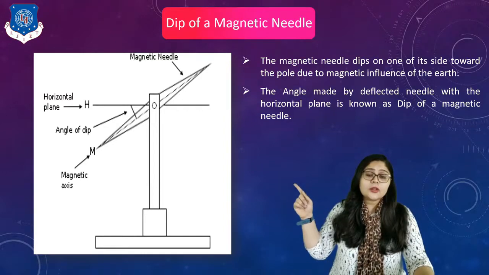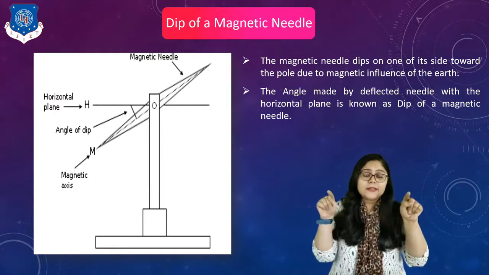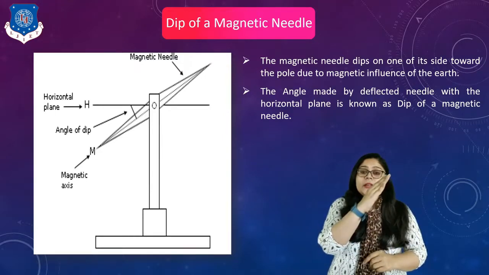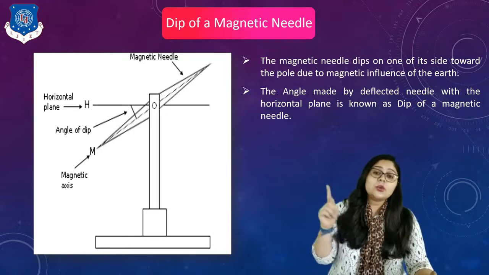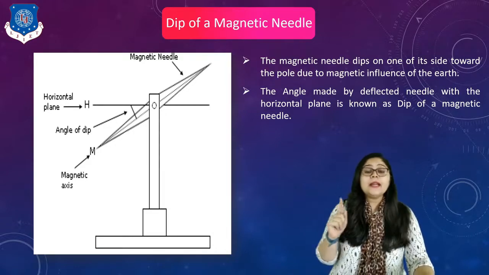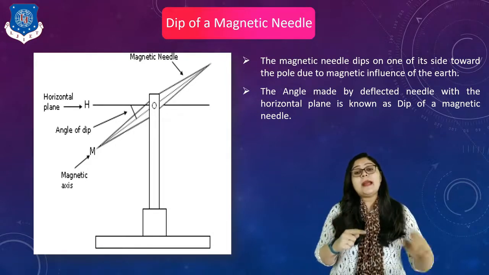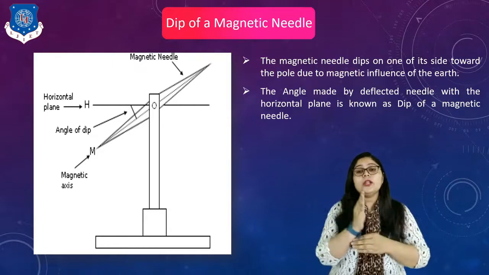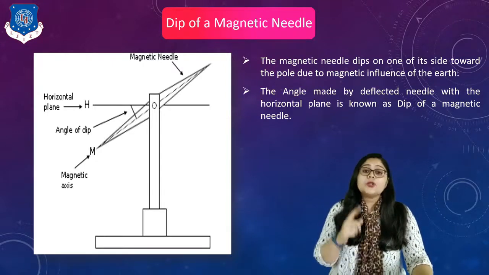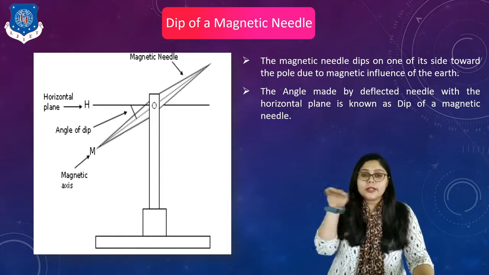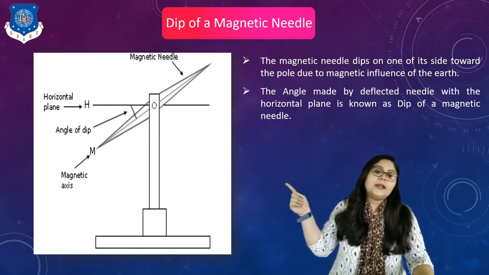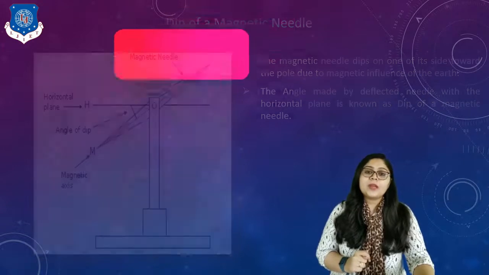It means here on screen, you can see a horizontal plane is there and my magnetic needle is making an angle with this horizontal plane. That angle is known as the angle of dip, and it is only possible when my magnetic needle is attracted to the pole of earth, right? So the angle made by the deflected needle with the horizontal plane is known as the dip of magnetic needle, right?